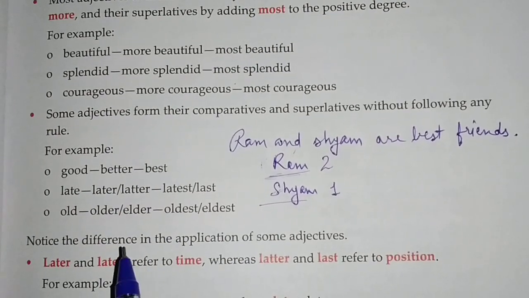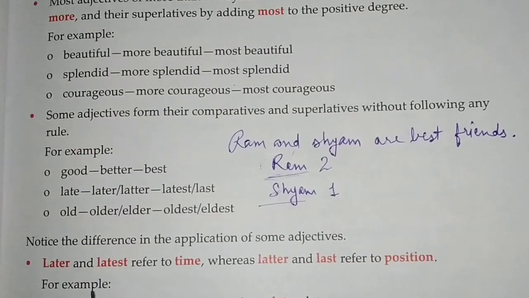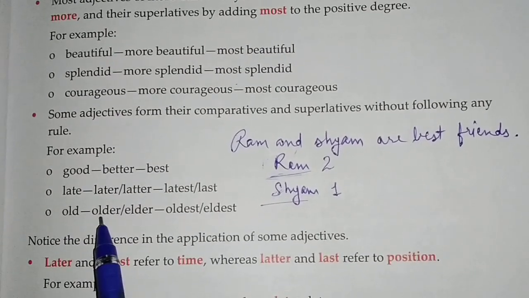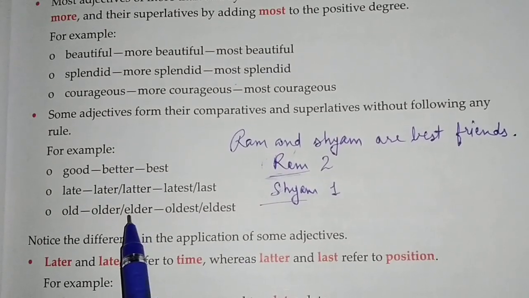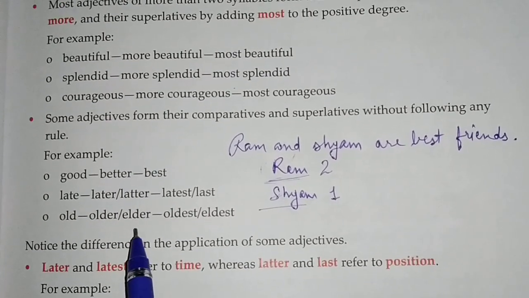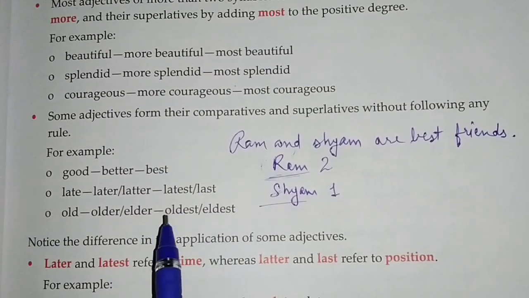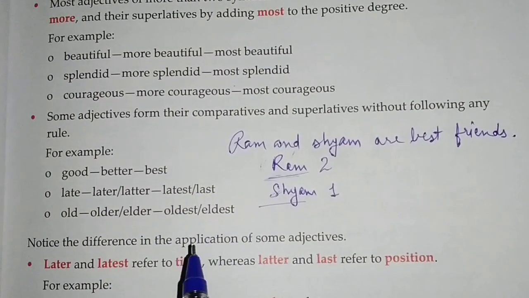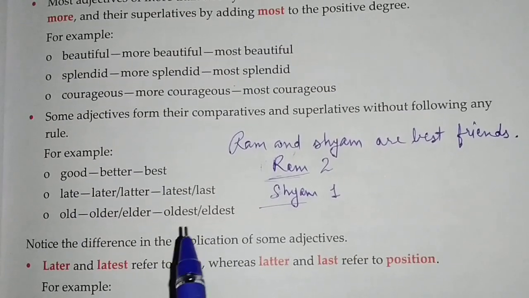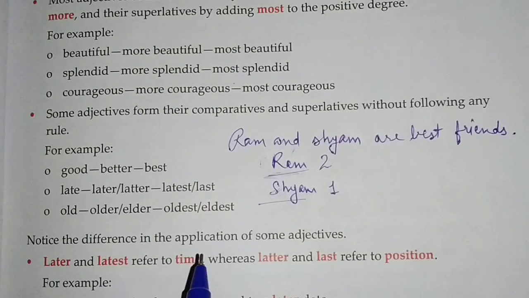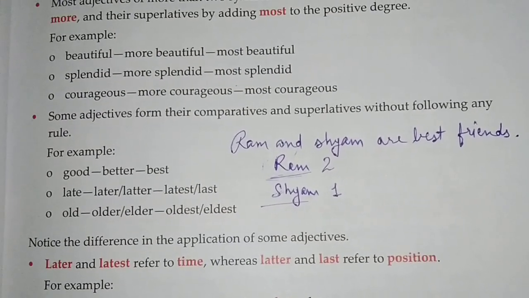But if I say the bench is older than the table, we can use older. But if I say the bench is elder than the table, then the sentence will be incorrect. So what is the difference? Elder and eldest, these two words are used for people, while older and oldest, these two words are used for people as well as things. Got the difference?